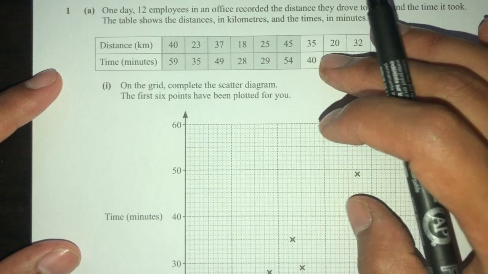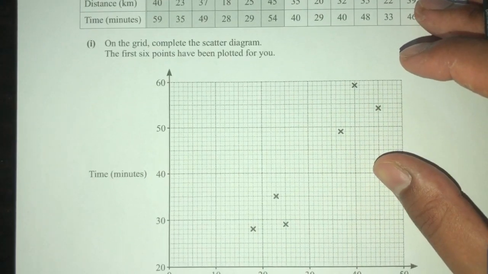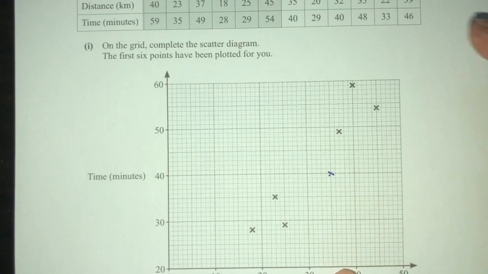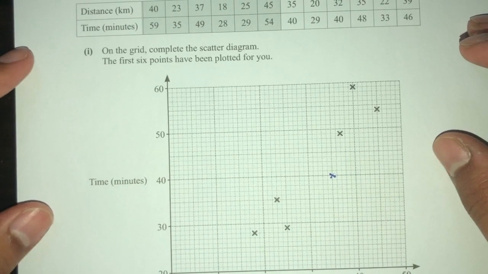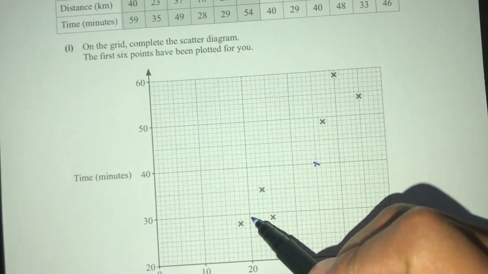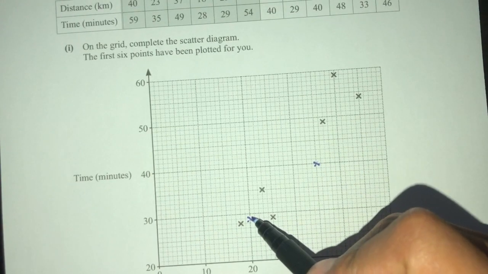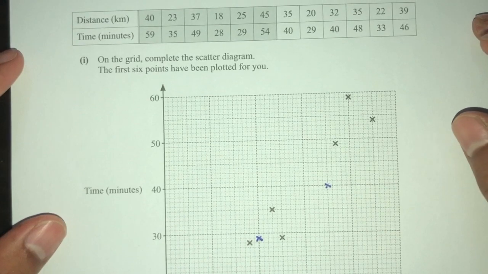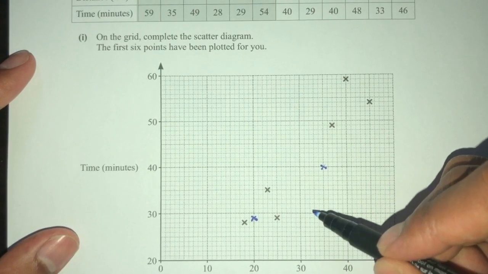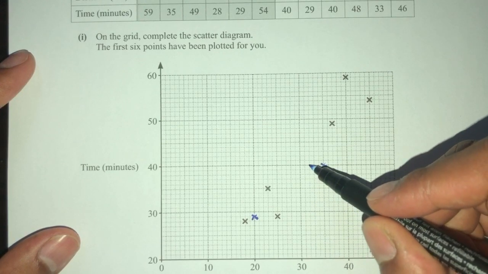The rest will be 35, 40. So 35 will be right here, 40 should be here, right? Okay, and then we have 20, 29, which should be somewhere over here. And what else? We have 32, 40. 32 will be right here, and 40 will be somewhere over here.